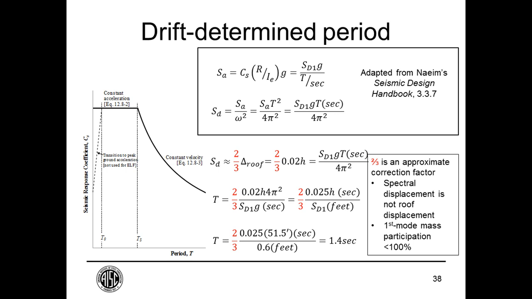That C sub S value has already been divided by R and multiplied by I sub E. So all we're doing is pulling that out. So in that top equation, if you could simply go to the right-hand side, where we're taking S sub D1 and dividing by T and not modifying by R or I sub E. So I'm just pointing out that it's like the code equation, but it's assuming that R and I sub E don't modify it at all.